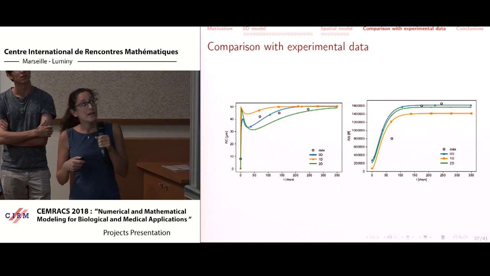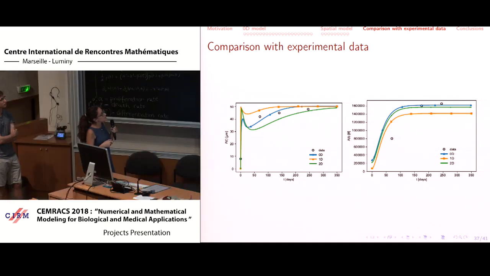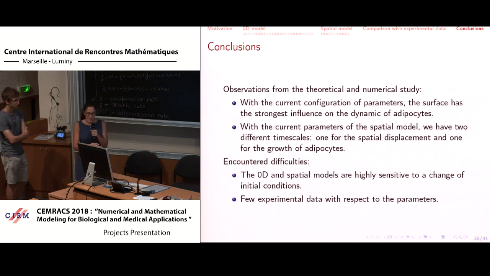Moreover, especially the 0D model agrees with the experimental data, and this is due to the fact that the 0D model was calibrated with this data that we had. Okay, so now we will draw the conclusions.